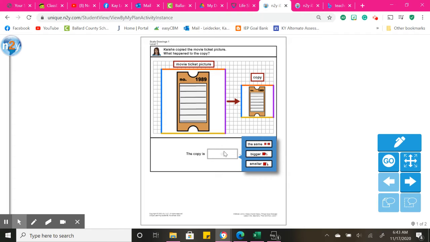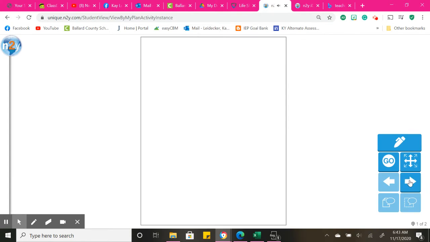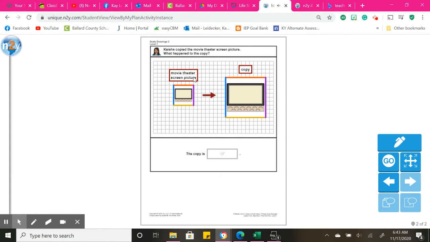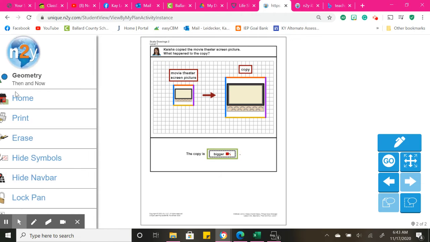So the copy is, it got smaller, right? This went from big to small, so it got smaller. The copy did. Okay, so the movie theater screen picture, the copy here got bigger. So this is just setting us up for scale drawings.